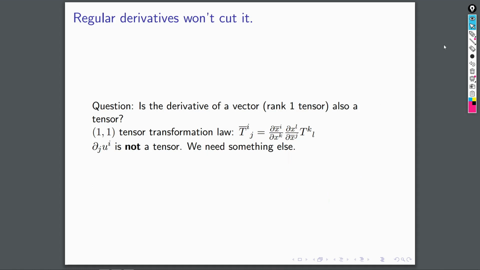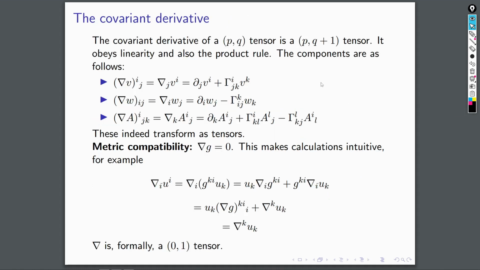So what this leads us to is a thing called the covariant derivative. The covariant derivative of a (p,q) tensor is a (p,q+1) tensor. Hence the name covariant derivative, because it basically adds a covariant index. It's linear, and it also obeys a product rule.